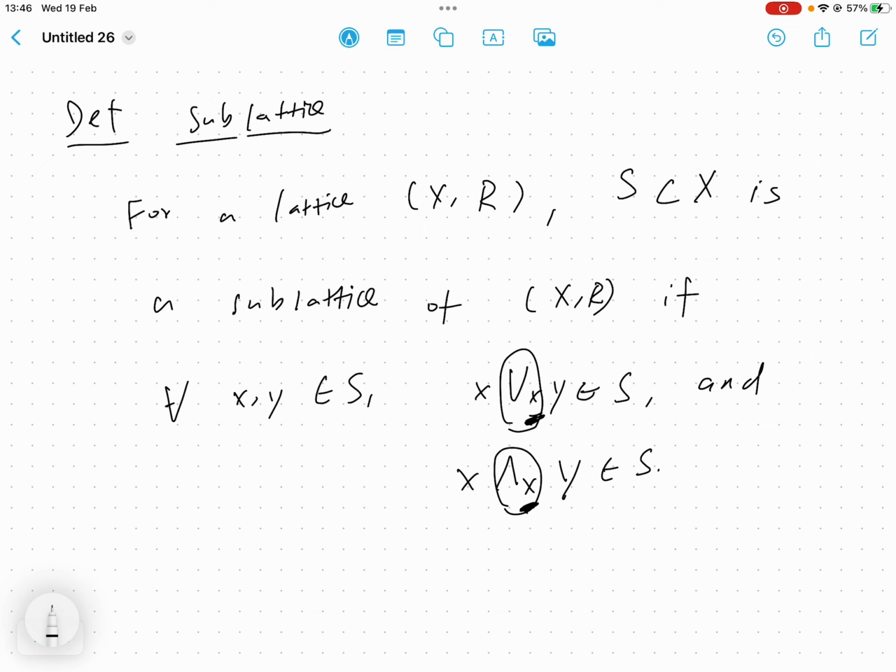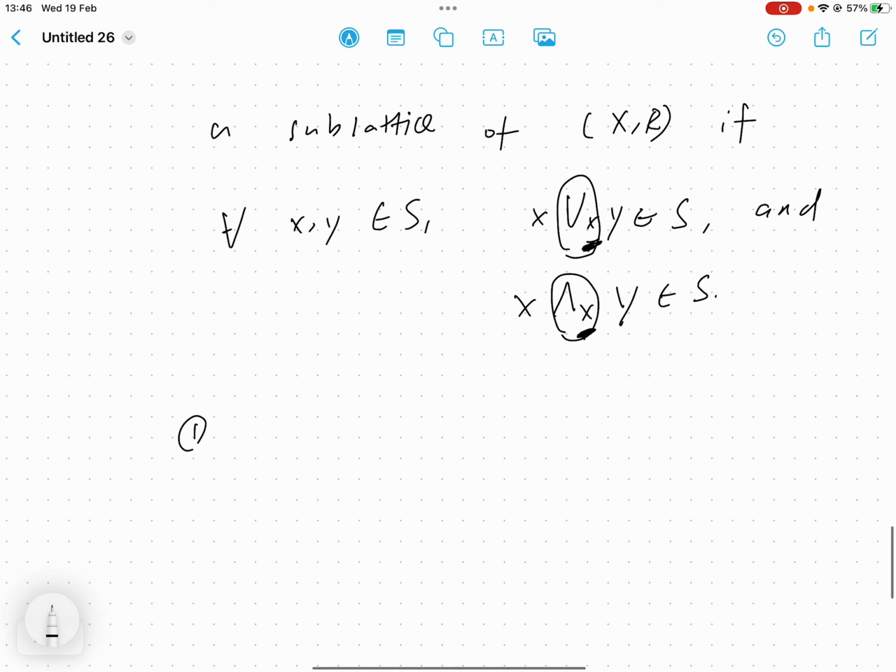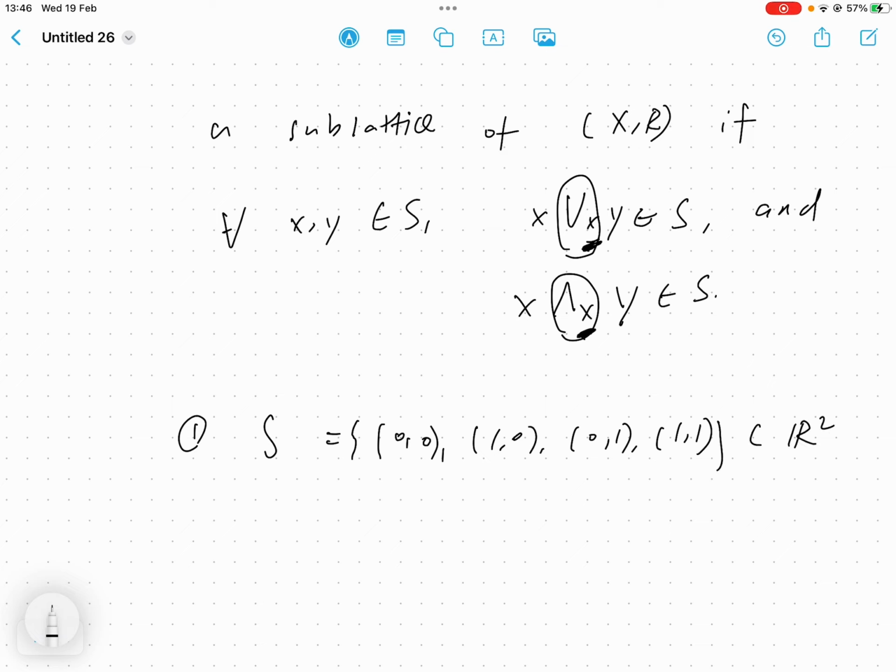Okay, so now let's have a good example of a sublattice. Let's say this S is gonna be 0, 0, 1, 0, 0, 1, and 1, 1. This is another example in R2.